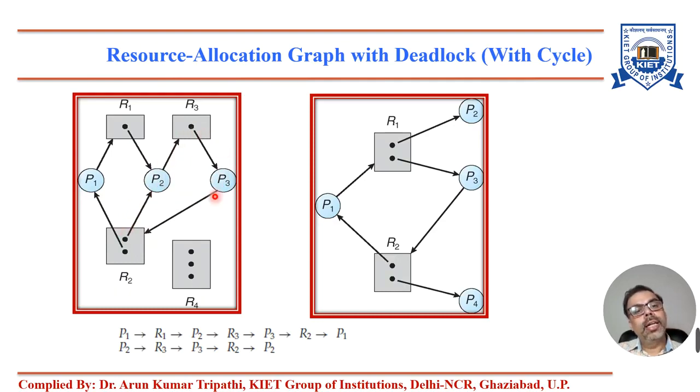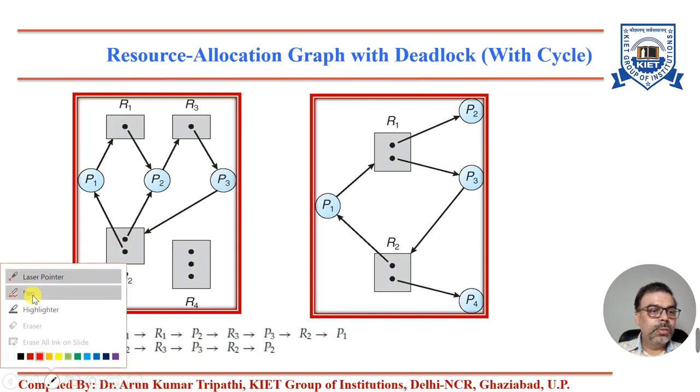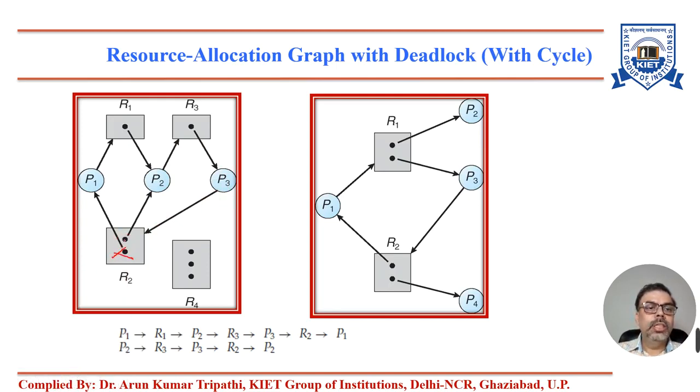If a cycle exists and, for example, I remove this instance so that there is only a single instance, then definitely there will be a deadlock. Otherwise it may or may not be. Here is also a cycle. If we check it, this may be a deadlock or may not be. We have to find it out. Otherwise, if it is a single instance system, then there must be a deadlock.